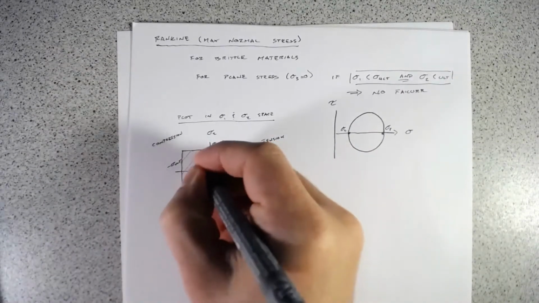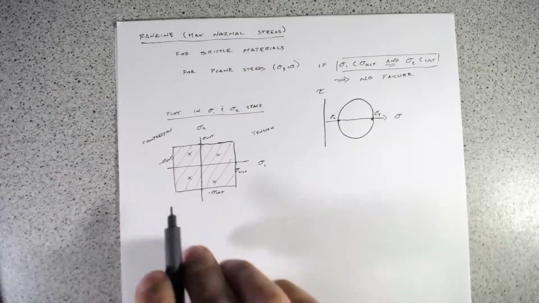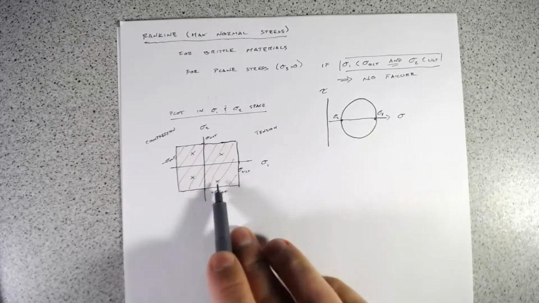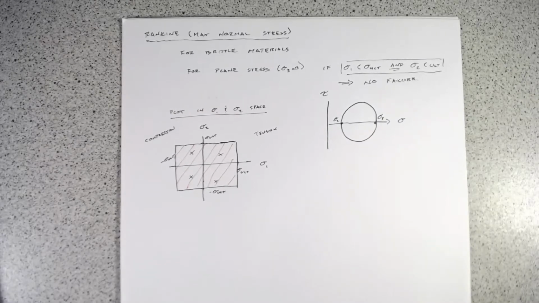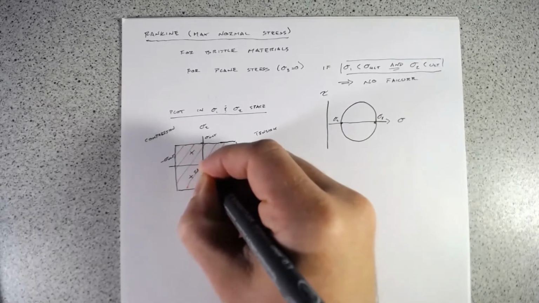It could be here, here, or here. Any of these combinations, which is less than the ultimate stress for both, means we don't have any failure. So you can consider that our safe zone.